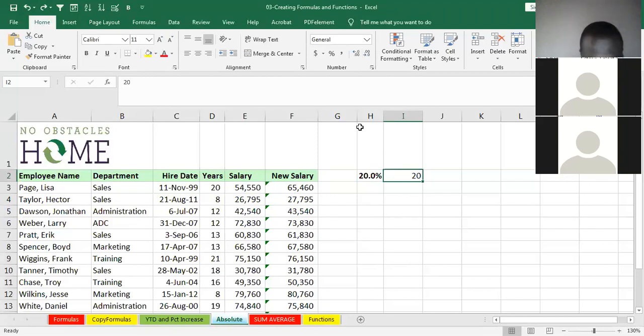You write 20%. I just wrote 20 and then typed the percentage sign. Automatically, the cell type changed to percentage. Do you understand? Yes. Okay, I get you. So you understand the formula that I used to get this new salary now?